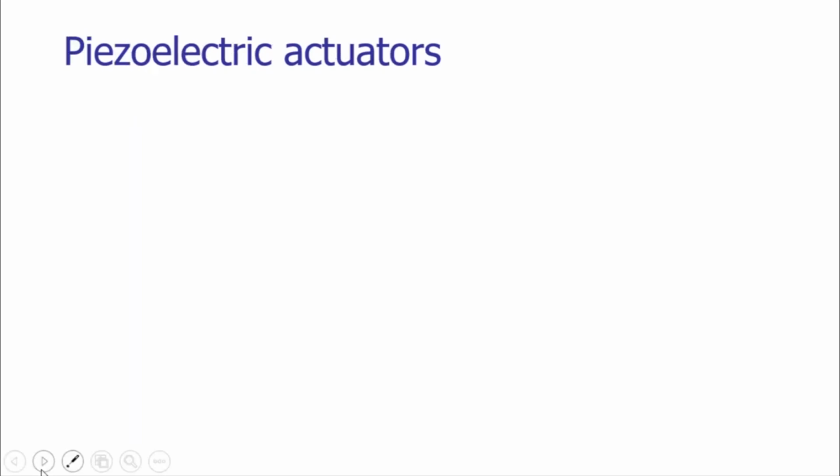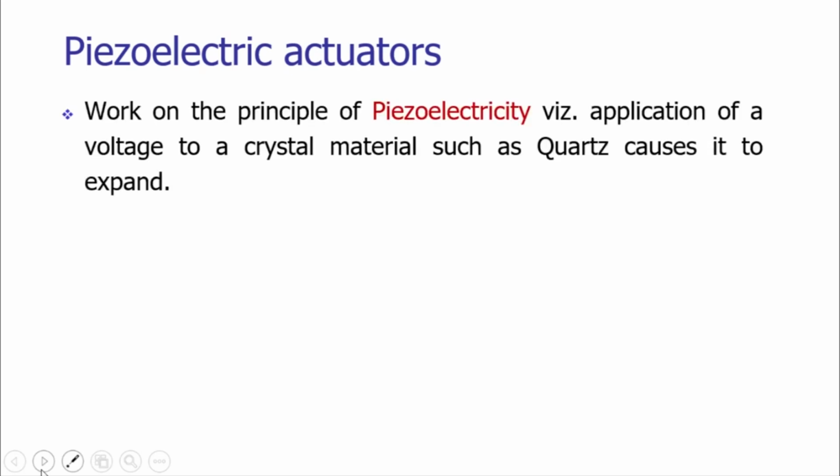In automation, we may also need to have a precise small quantity of linear motion. For that purpose, piezoelectric based actuators are used. These actuators utilize the principle of piezoelectricity.